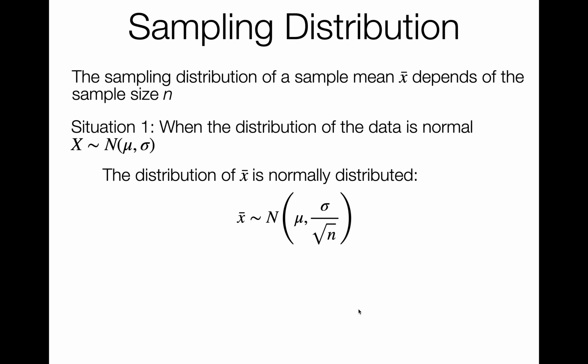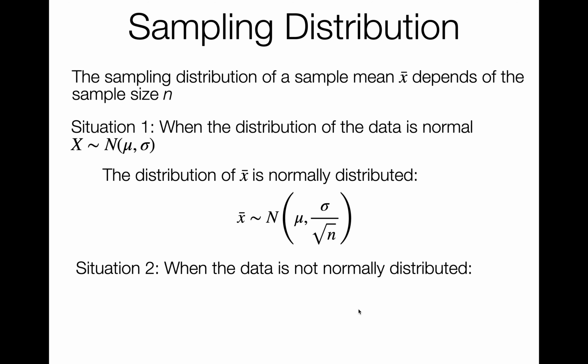So that situation is nice. That's the situation that we hope we're in. But oftentimes we won't be. We'll be in a situation when the data is not normally distributed, or we may not know what the distribution of the data is.